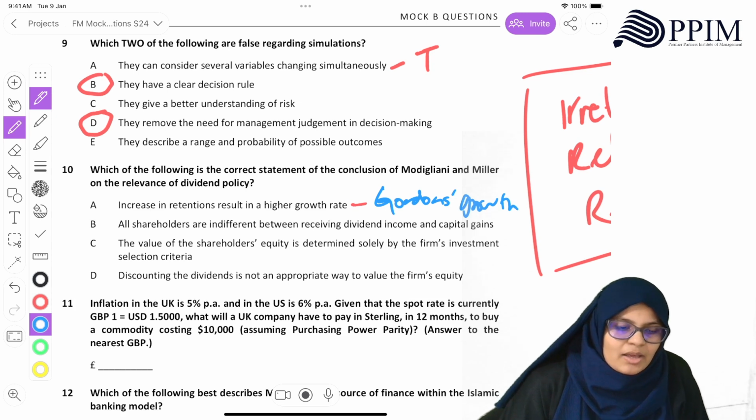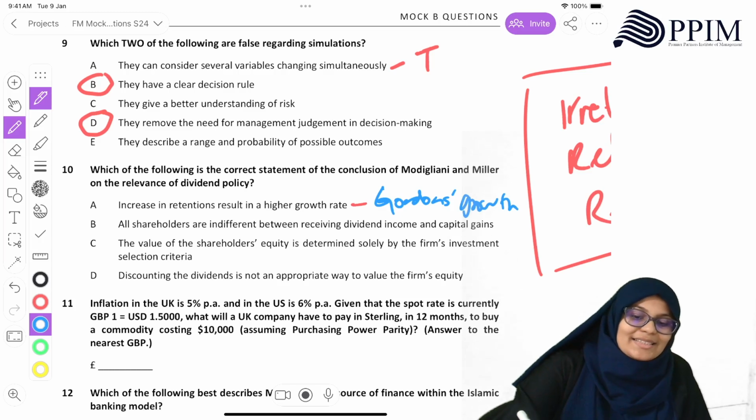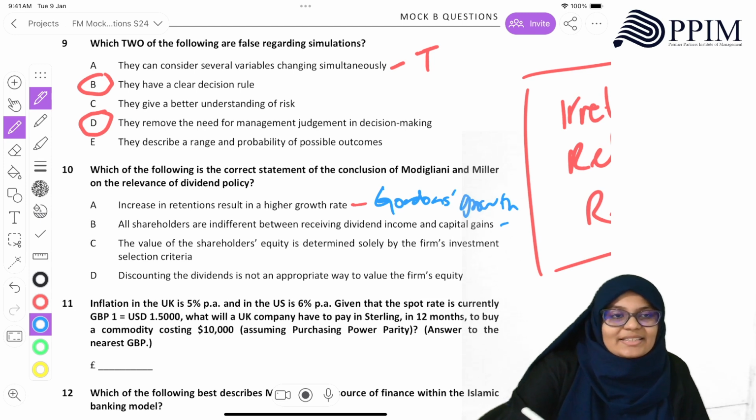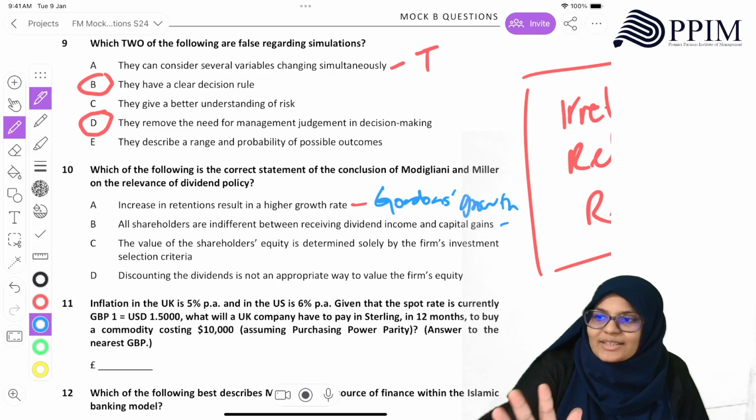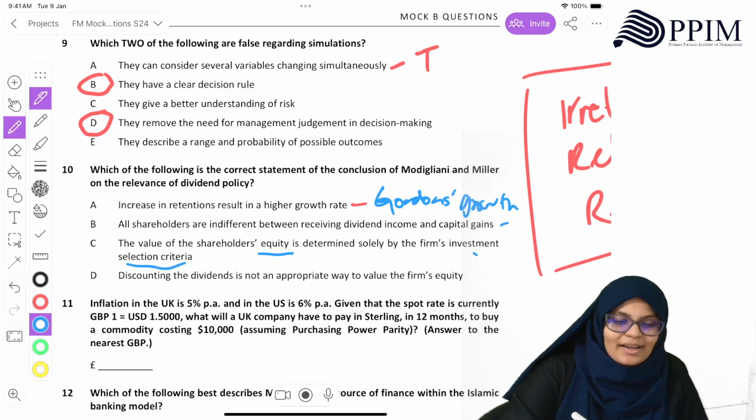B is saying all shareholders are indifferent between receiving dividend income and capital gains. This is dividend irrelevancy. They don't care whether it is dividend or capital gain, as long as they are getting a profit, they are fine. So that is not relevant, so that is wrong. C says the value of the shareholders' equity is determined solely by the firm's investment selection criteria. That is true.